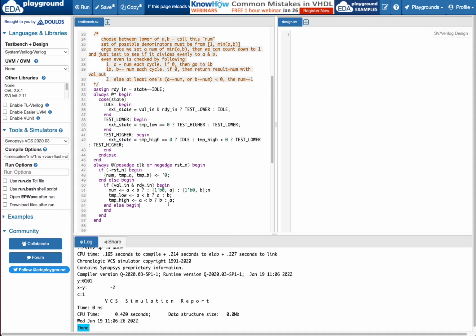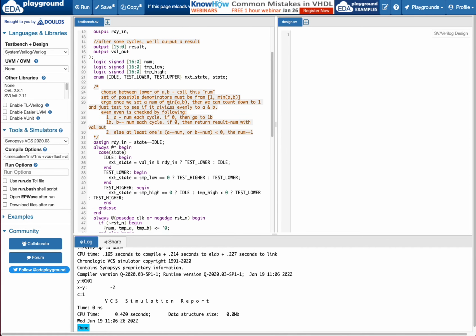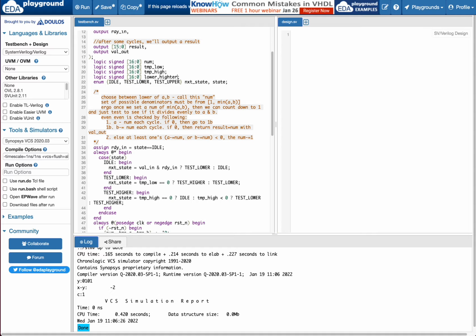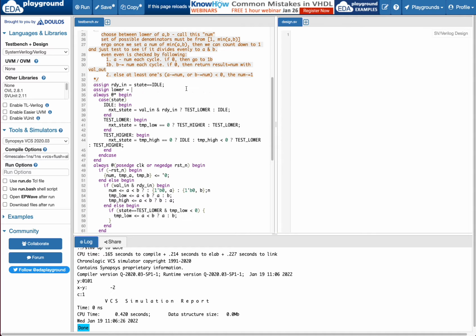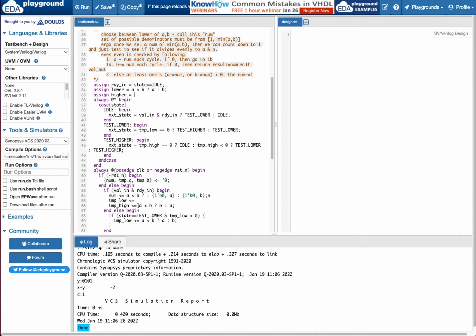So if this is reset, we could also do something like this, because we always reset it, so we might as well just make it a little easier to use.